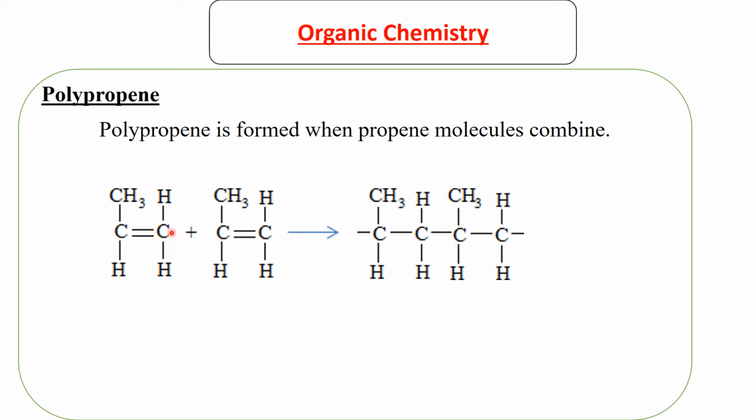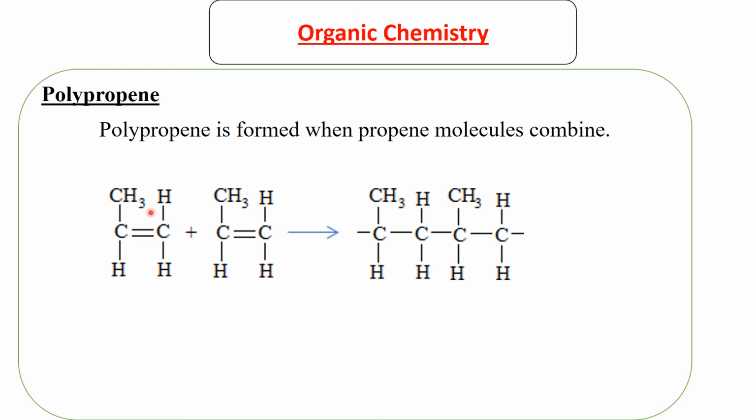So this is a propene. For those who can see how this is a propene, remember a propene is made of 3 carbon atoms: 1, 2, 3. Of course, the normal propene, we write it as carbon bonded to carbon, then we continue another carbon bonded to 3 hydrogen atoms.